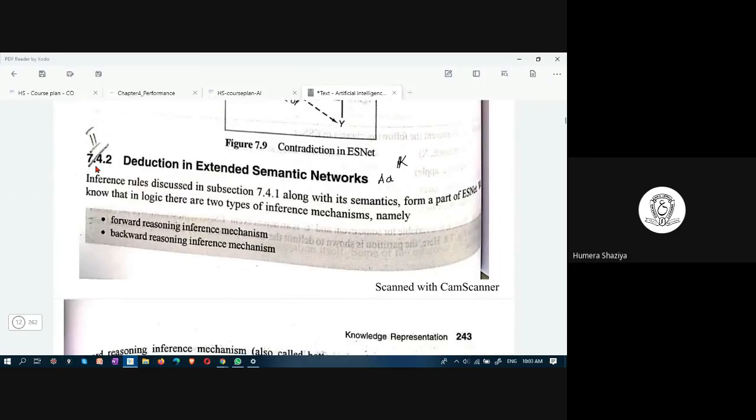In this topic, deduction in extended semantic network, the topic of inference is explored further. How to infer? What do you mean by infer?